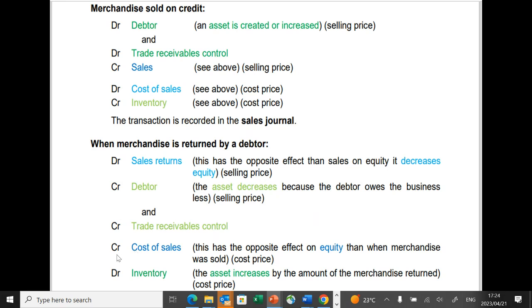It's saying credit the cost of sales, because cost of sales will reduce on the credit side. Remember, expenses reduce on the credit side, and then we're going to debit what? Our inventory. So this is also correct. It's just that I would have preferred it to be written first, debit our inventory to show that our asset is increasing, and then we credit what? Our cost of sales, which shows that cost of sales is reducing. So this is also correct, guys.